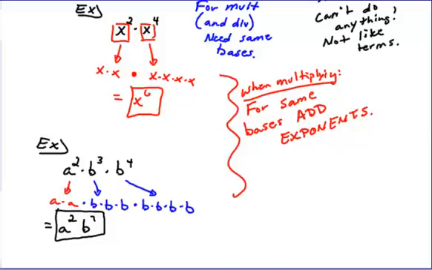Let's look at some more complex stuff then. It's more complicated multiplying. It's still fun, totally fun. Just keep that in mind while you're doing this. Okay. Let's say I had negative 2 x to the 3rd times, as you know, 4 x to the 5th.